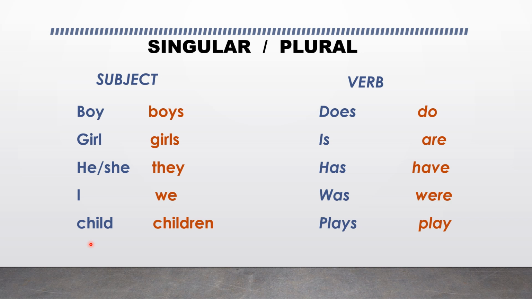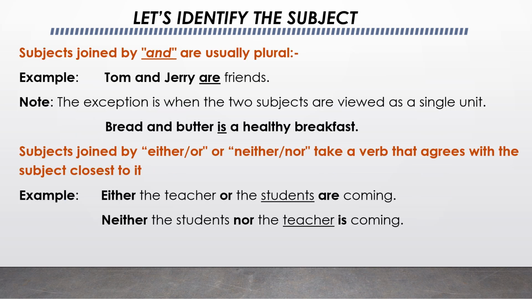Next, child plays, children play. So, by ensuring subject verb agreement, you can create clear, concise, and grammatically correct sentences that effectively convey your intended meaning.